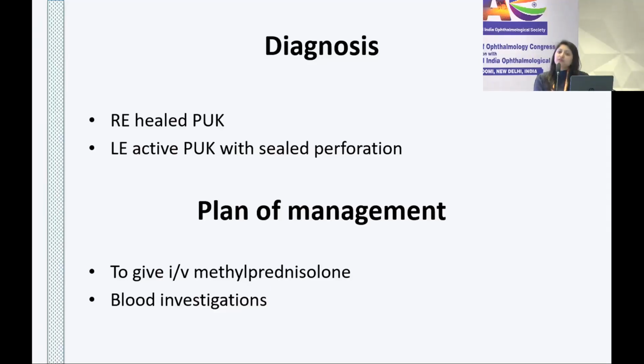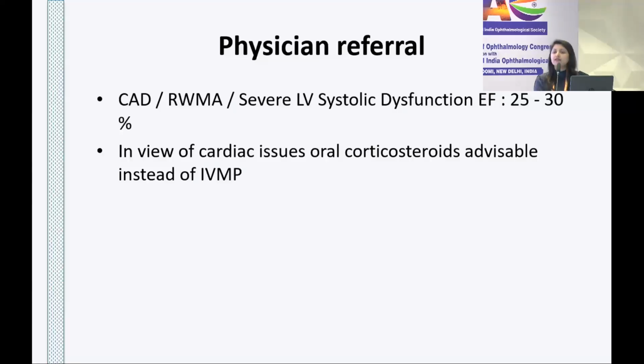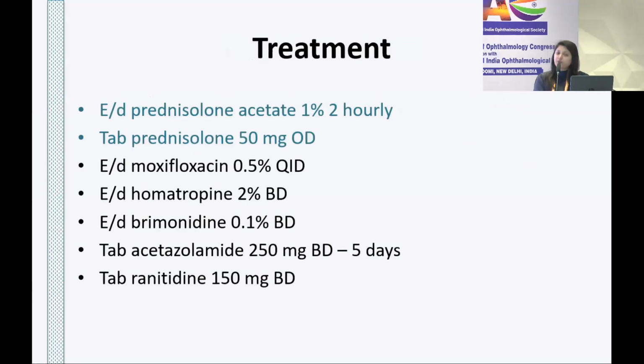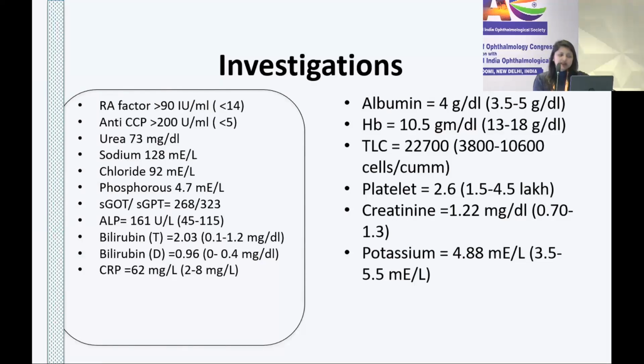What we wanted to do was to give IV methylprednisolone and plan his blood investigations. But because of his cardiac dysfunction, we could not give him IV methylprednisolone or take him up for surgery under local anesthesia as well. So we started him on steroids again, both oral and topical, and investigated him. All his investigations were off the charts.